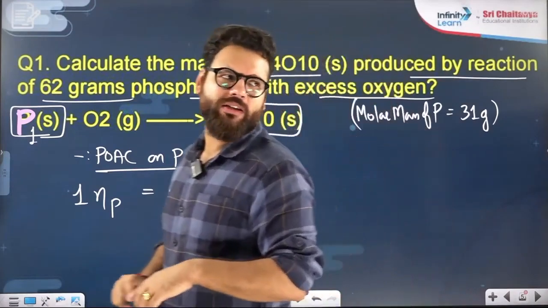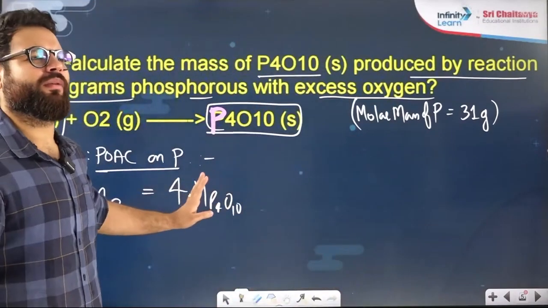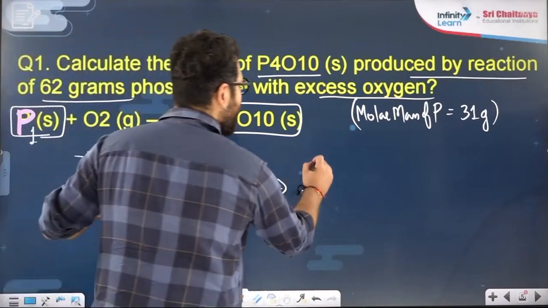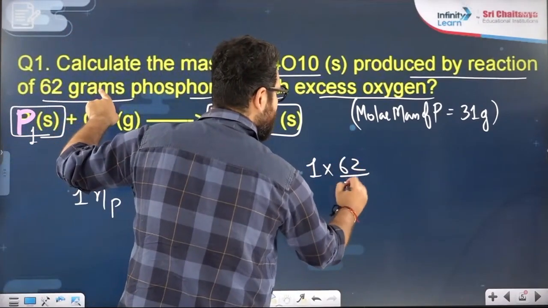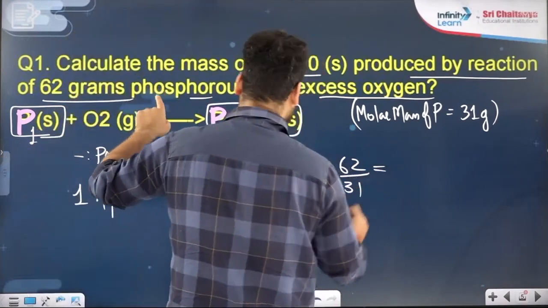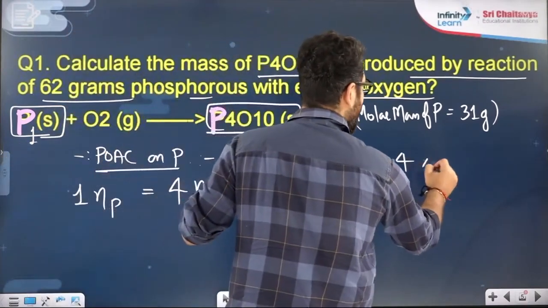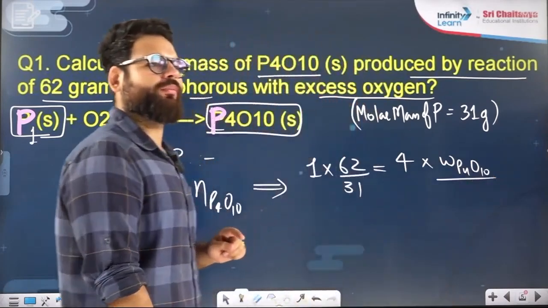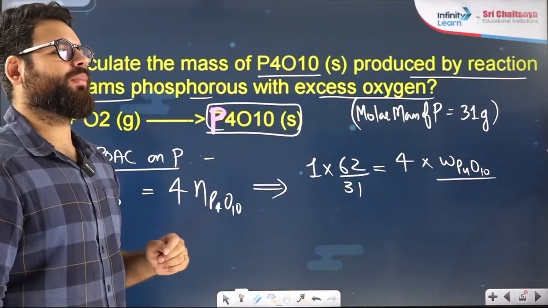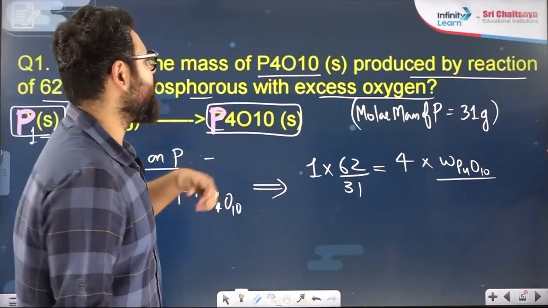Arey, what is difficult in this? You tell me. Is it simple or not simple, everybody? 1 time moles of phosphorus. So 1 time weight of phosphorus 62 gram by molar mass of phosphorus 31 gram equal to 4 times weight of P4O10 by molar mass of P4O10. What is the molar mass of P4O10?